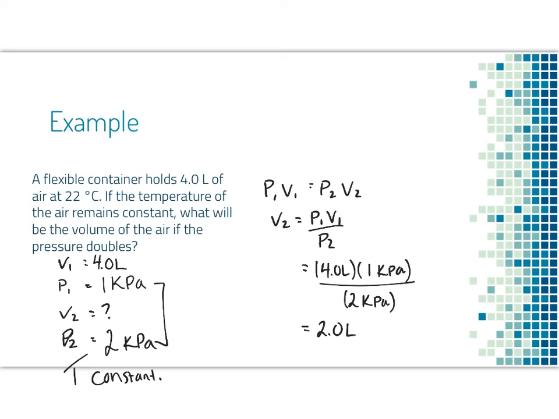If it asks by what factor this changed, we need to decide if this was a multiply or divide to get from 4 to 2. Technically, I guess it could be both, it just depends what you're multiplying by. It's getting smaller, so I would say it was divided, and I divided by 2. Therefore, it decreased by a factor of 2.